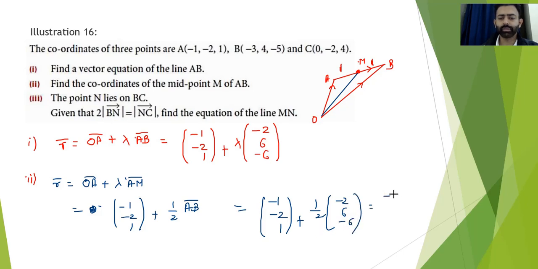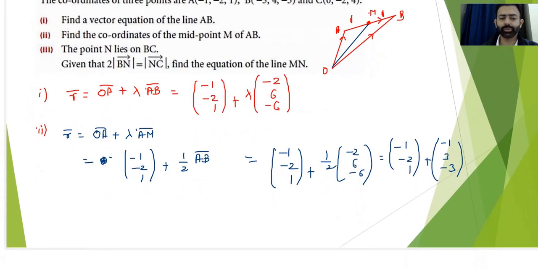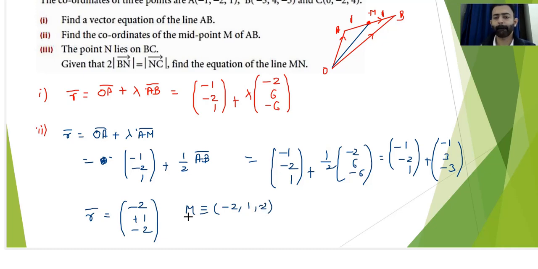So it is minus 1, minus 2, 1 plus minus 1, 3 and minus 3. So finally, the position vector R is equal to minus 2, 1 and minus 2. Right? So you can write coordinates of M as minus 2, 1 and minus 2. Okay, minus 2, 1 and minus 2. So this is your second part.